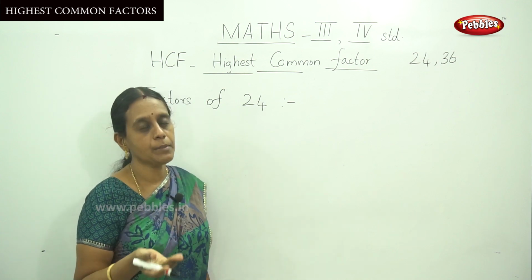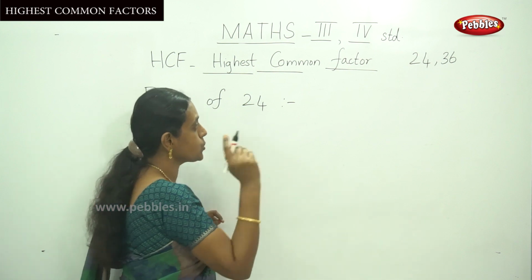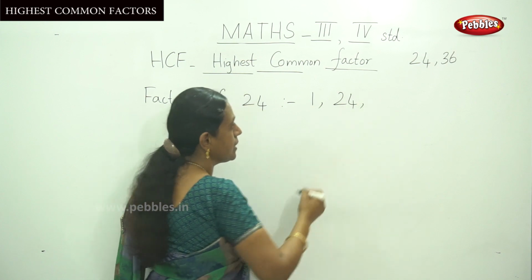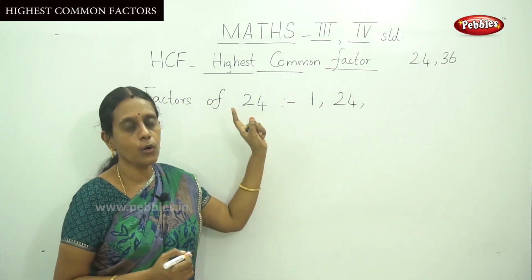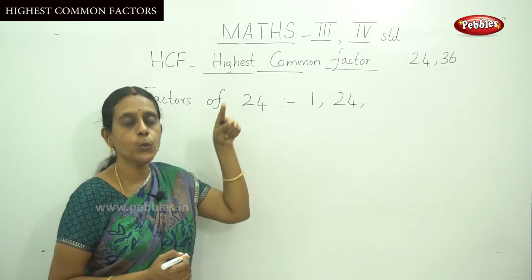Similarly in the 24 table, 24 times 1 gives 24. So write down these two factors first, 1 and 24, because the number itself is a factor and 1 is a factor of all numbers.